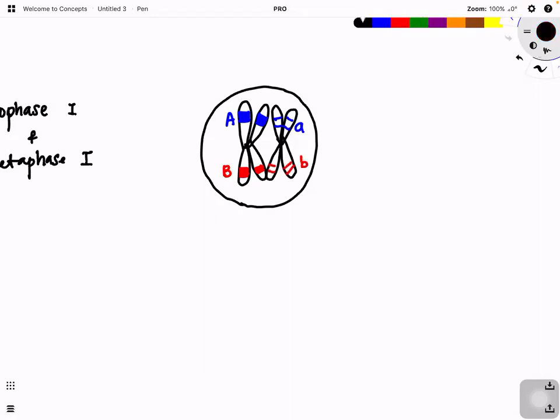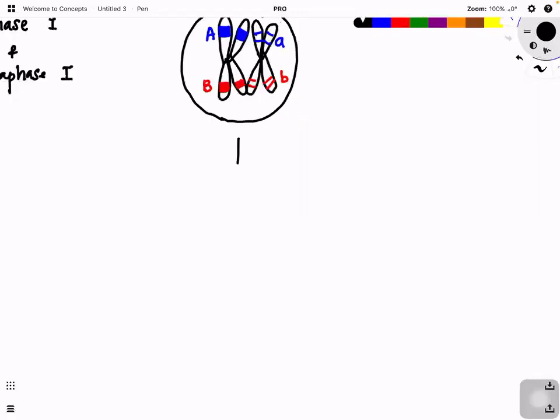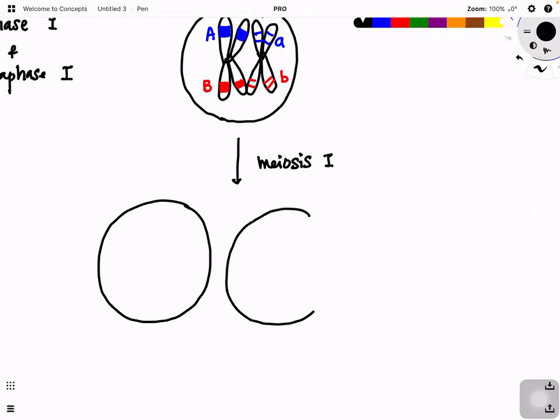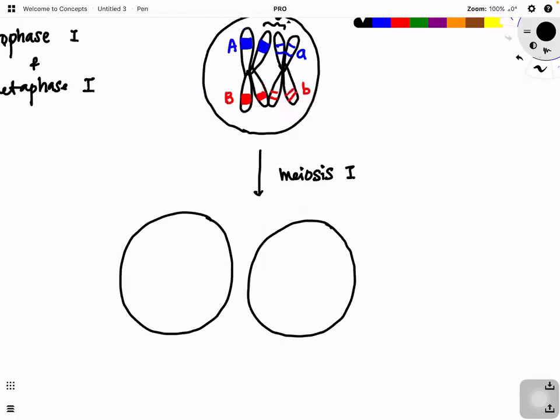So if crossing over takes place at this arm, when I finish meiosis 1, we're going to get 2 cells. Each of them will become haploid.